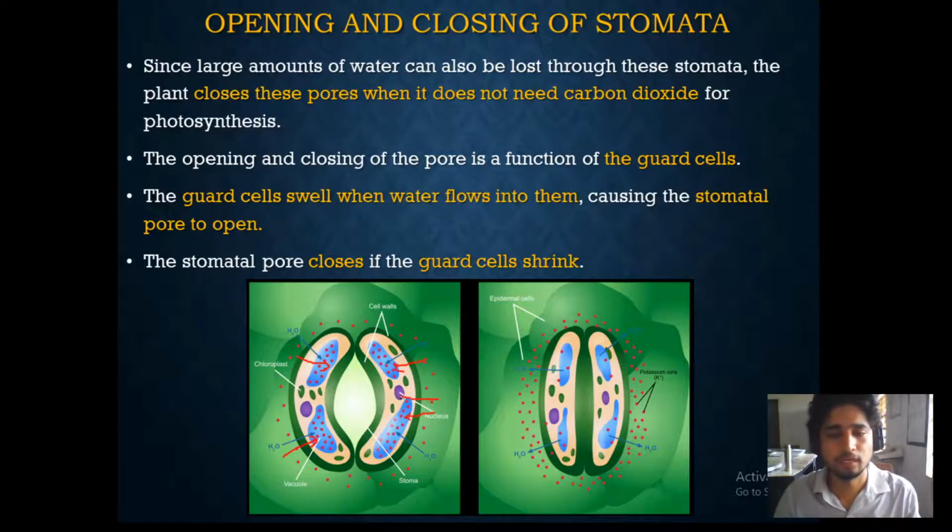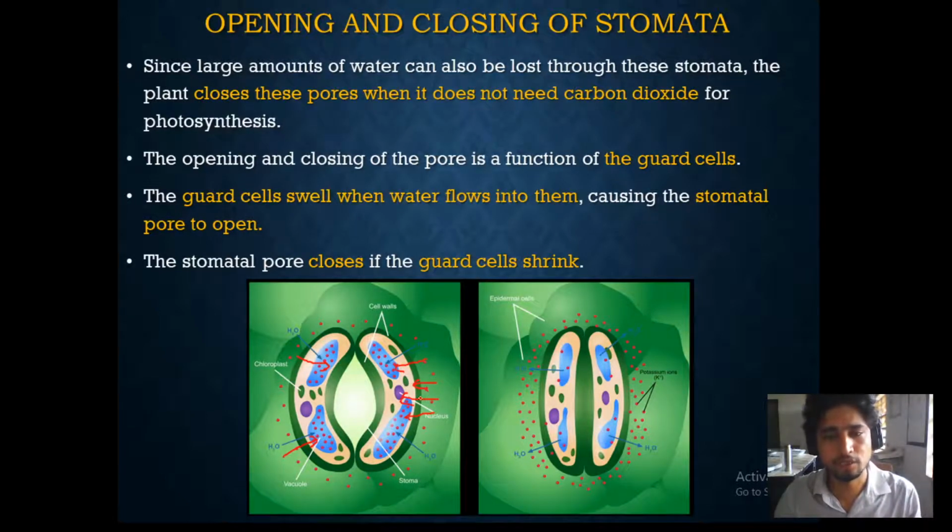When they have this water in them, it makes the guard cells swell. As they swell, they open the stomata. So the opening of the stomata occurs when the guard cells are swelling.